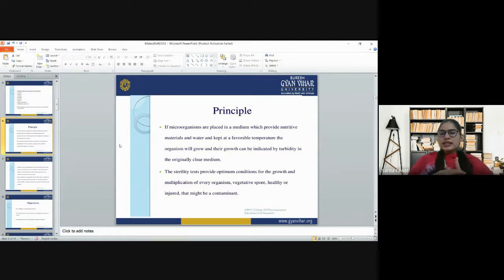The sterility test provides optimum conditions for the growth and multiplication of every organism, vegetative or spores, healthy or injured, that might be contaminating.